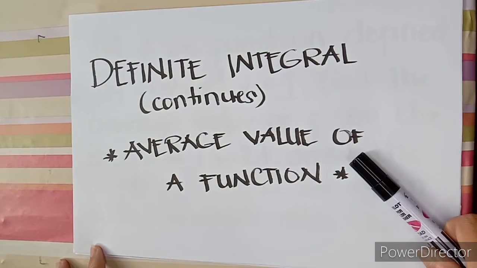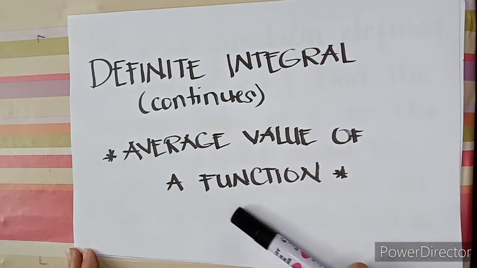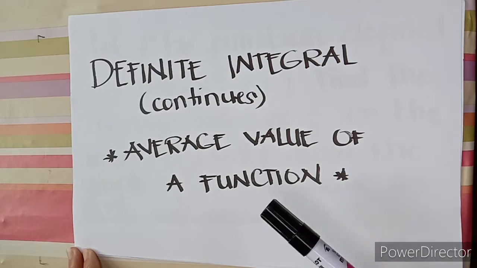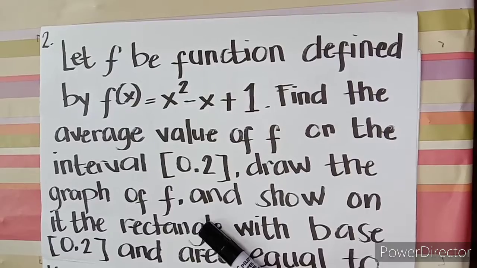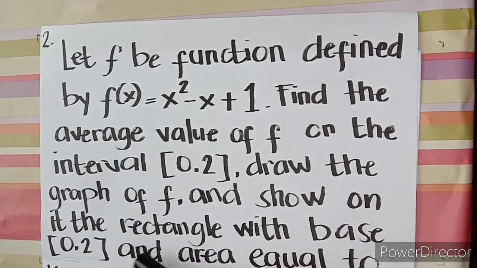Aside from getting the area of a plane by using the definite integral, we can also get the average value of a function by integration. This answers how we can get the average value of a function by integration.